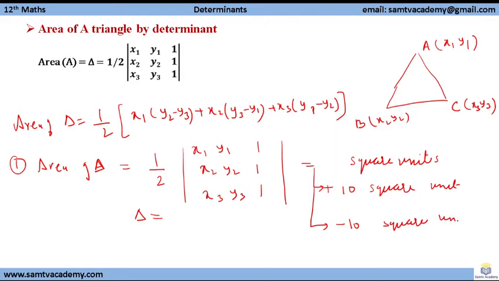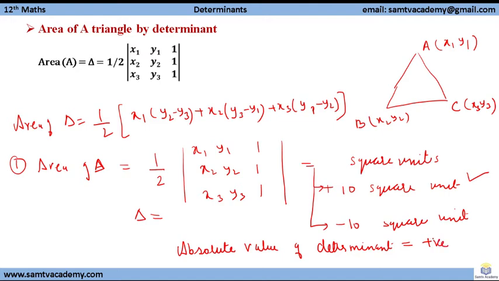So you always need to remember that you will always take a positive value, that is the absolute value of the determinant, because we know that area cannot be negative, so it will always be a positive value.